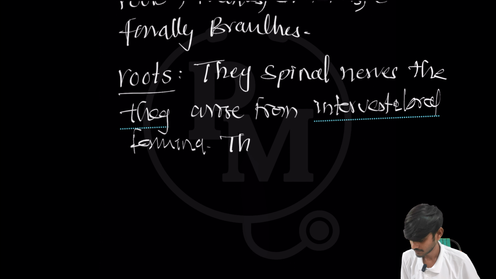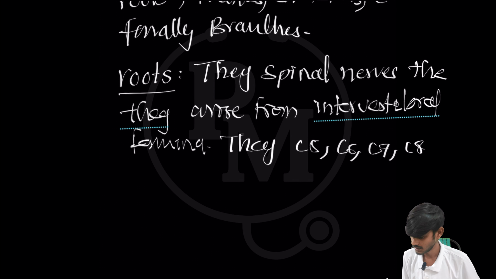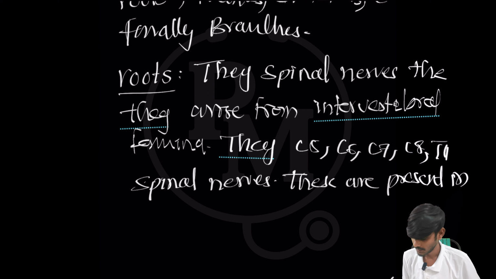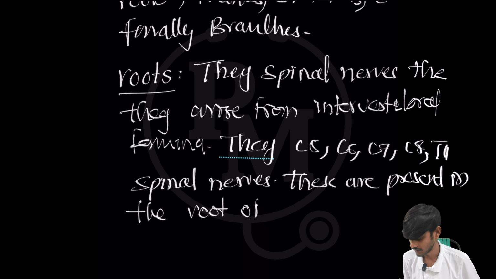They are C5, C6, C7, C8, T1 spinal nerves. These roots are present in the root of neck.